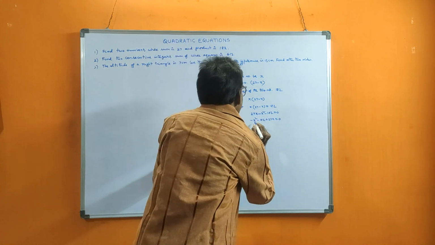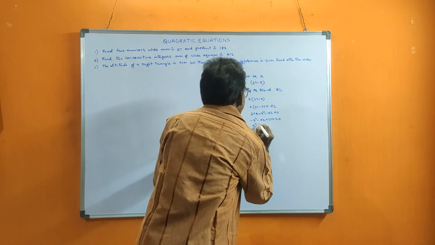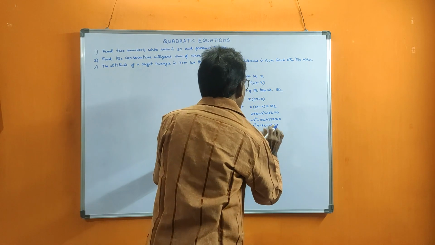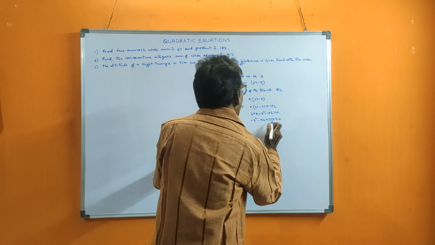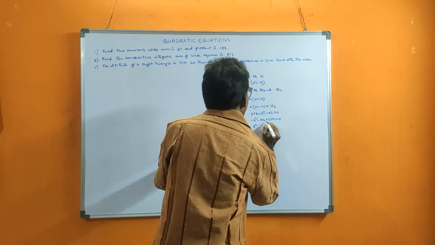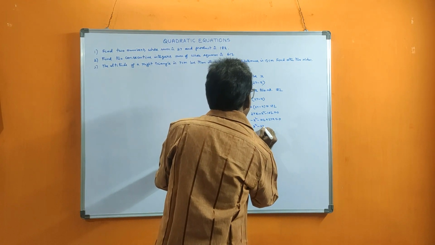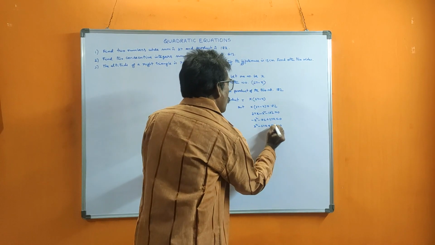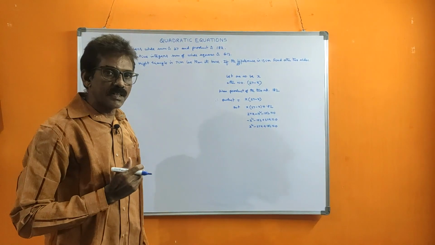So all symbols will change: plus becomes minus, minus becomes plus. So, the variable first: x square, minus 27x, plus 182 is equal to 0. Now, this is the standard form of a quadratic equation.